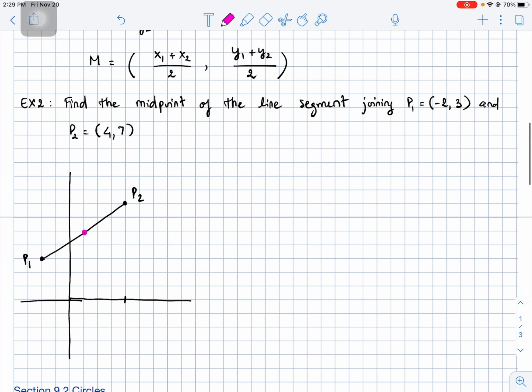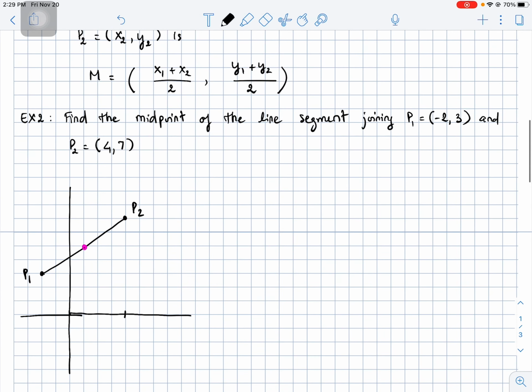Okay, we will apply the formula. So M is the midpoint, and the midpoint is a point, so it equals x1 plus x2, with x1 from P1 and x2 from P2, over 2, and y1 plus y2 over 2.